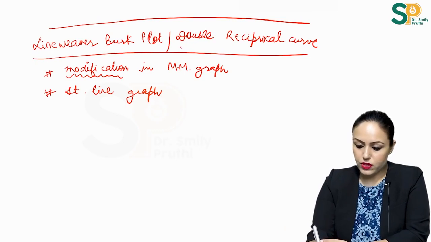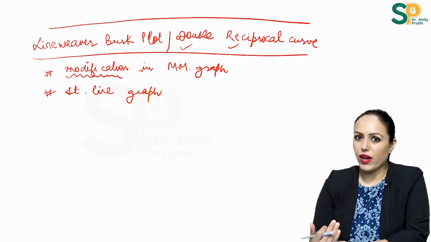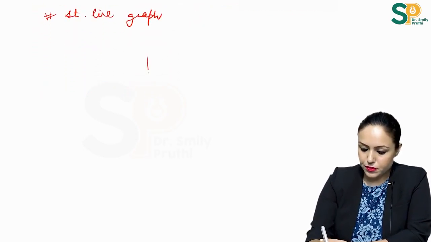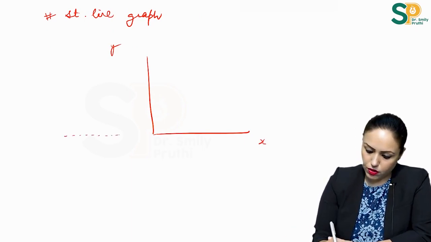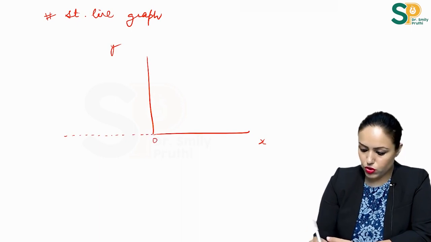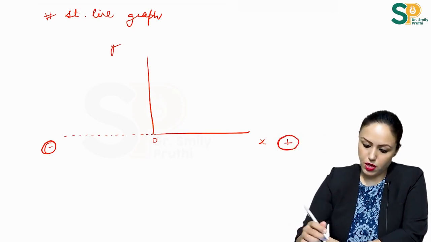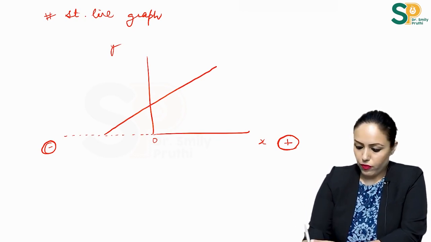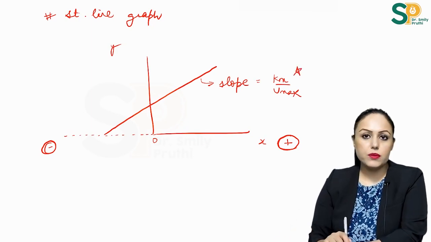This is known as double reciprocal curve because on the x-axis as well as on the y-axis, reciprocals are taken. So let's see the graph. This is the y-axis, this is the x-axis. I am taking the negative side of the x-axis also. So this point is 0, this side is negative, and here it is the positive direction. So the graph is a straight line graph like this. Now the slope of the graph is equal to Km by Vmax. Important.